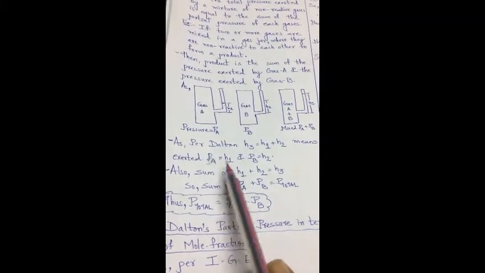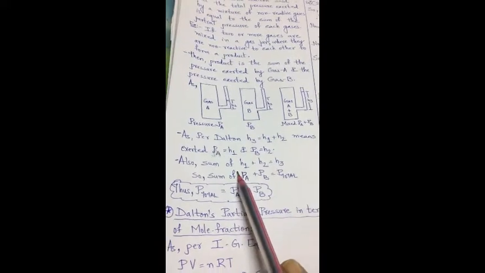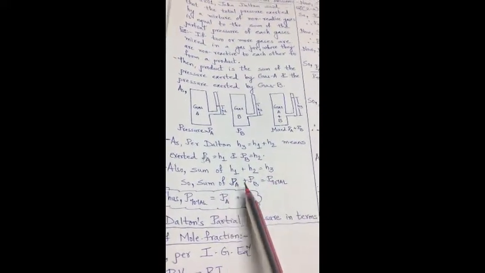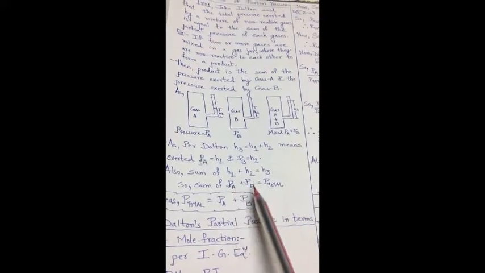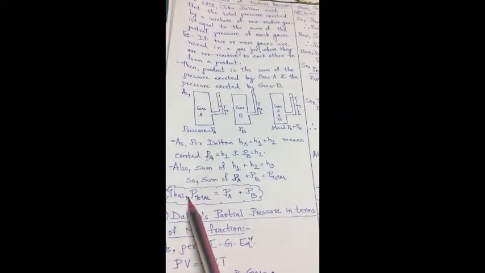And thus the exerted pressure PA is H1, PB is H2, and the sum of H1 plus H2 is H3. Therefore, the sum of pressure of A plus pressure of B is equal to the total pressure. So the total pressure as per Dalton is the individual pressure of each gas, and the sum of it is the total pressure.